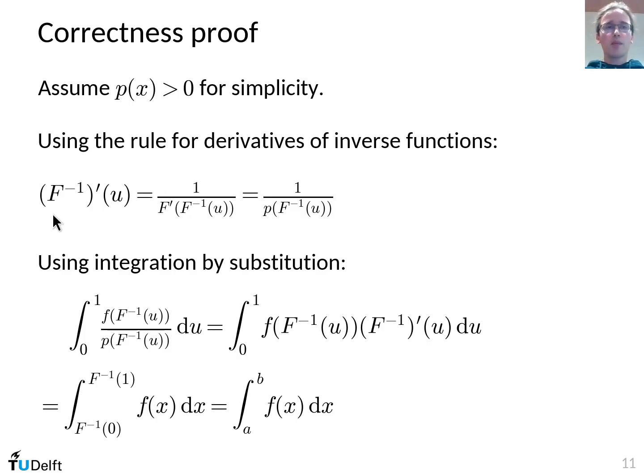So the first step in this proof is that we think about the derivative of the inverse CDF. And there's a rule for how to compute the derivative of an inverse function.